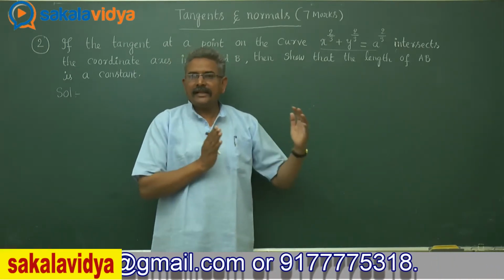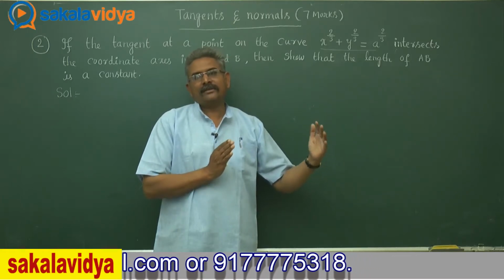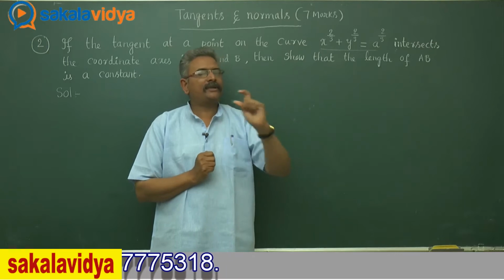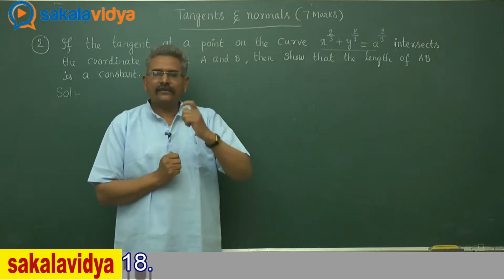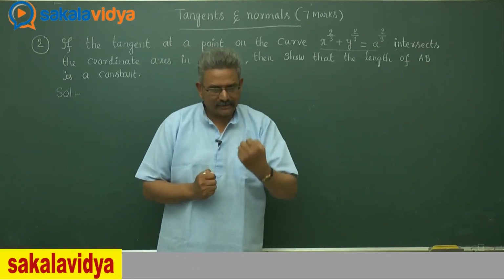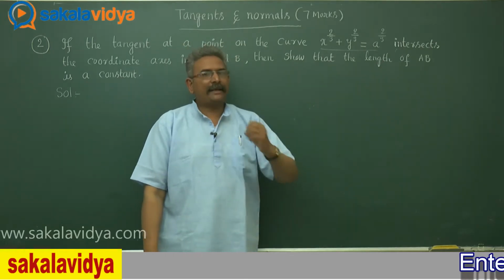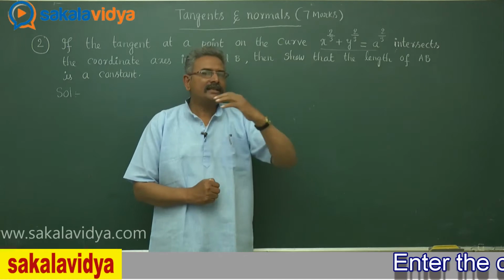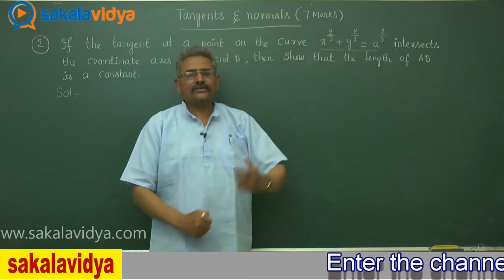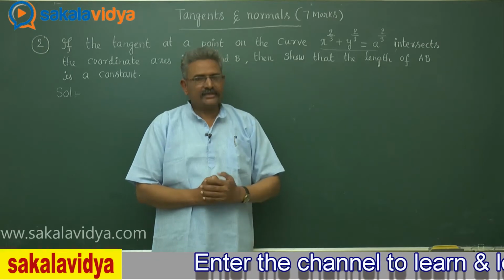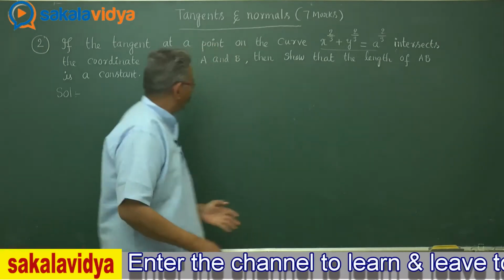Then we need to find the x-intercept and y-intercept. After that, easily we can find the length of AB using Pythagoras theorem. So this strategy has to be followed to solve this problem. First, let us solve this problem. Just observe the solution now.